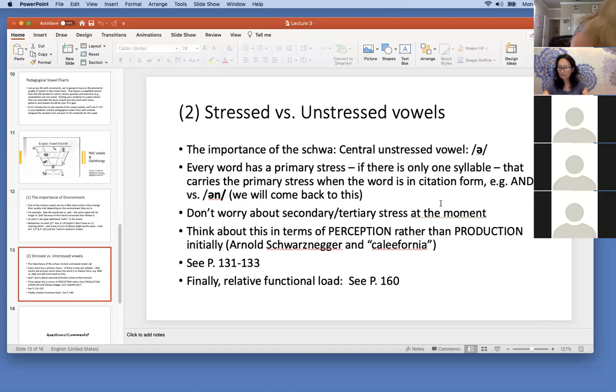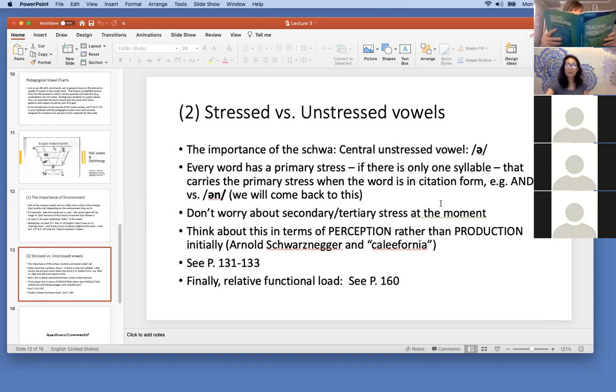If you look at that table, you can see that it's giving you numbers for how important some of these vowel contrasts are compared to other vowel contrasts.